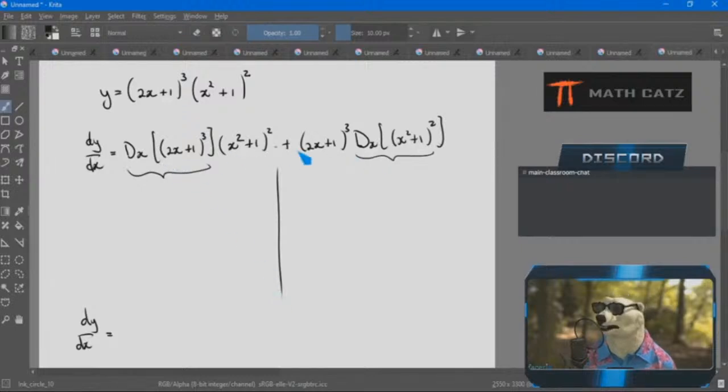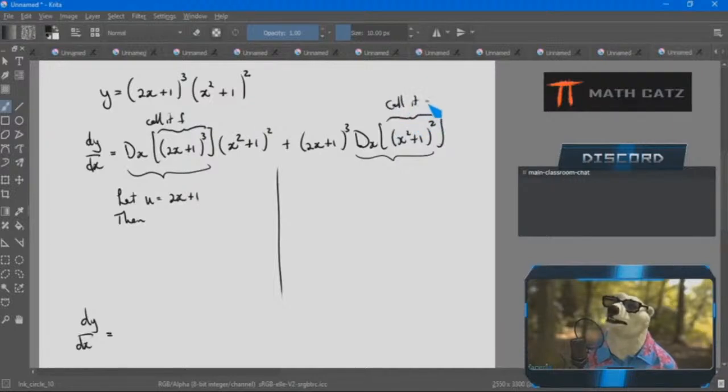So now I have two small chain rule questions. Now you might still need to define an inside function. Let's call it u, the obvious 2x plus 1. Then let's call it f. Oh, I said f, but I didn't write f. Let's call it f. And we'll call this one later g.